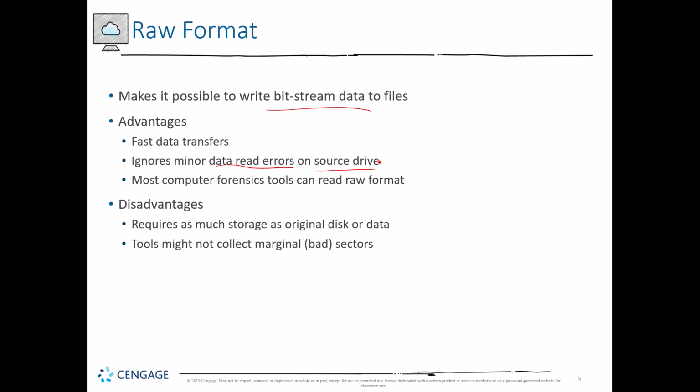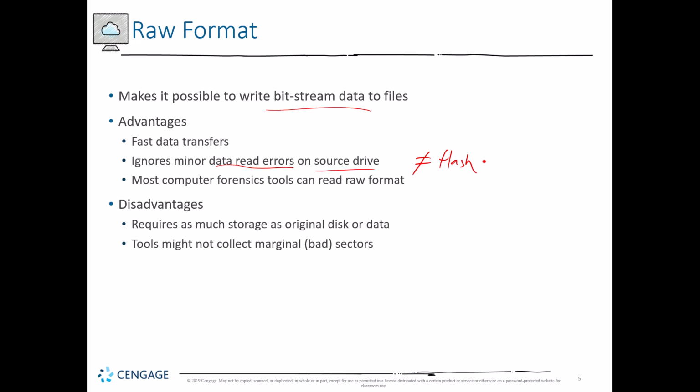Data read errors on the source mean hash values of the source may not be equal. So if we're looking at the source, the original evidence, and a cloned copy, the hash values may be different, thus no longer eligible for data collection. So that might be a concern.